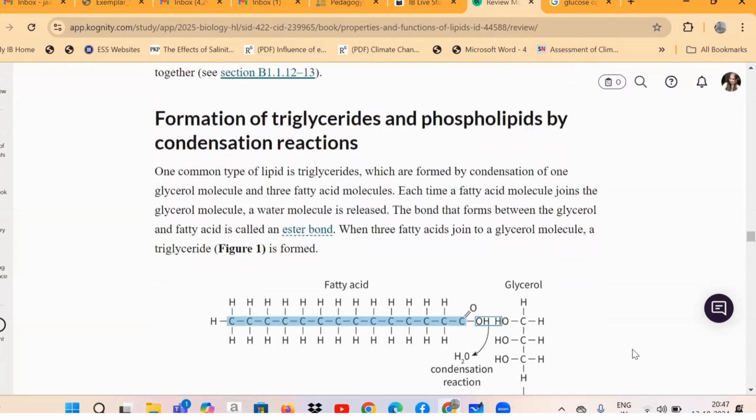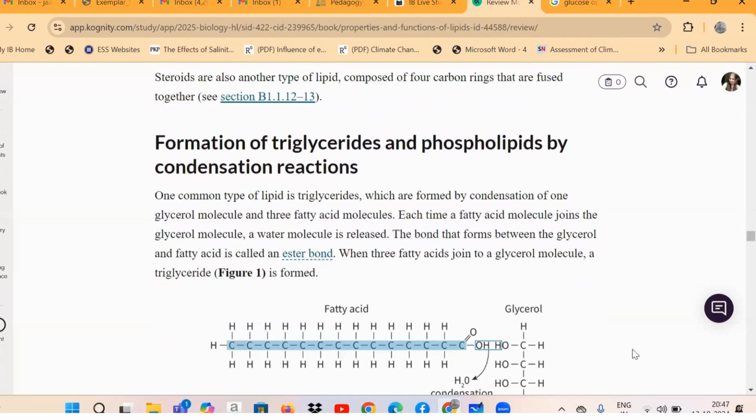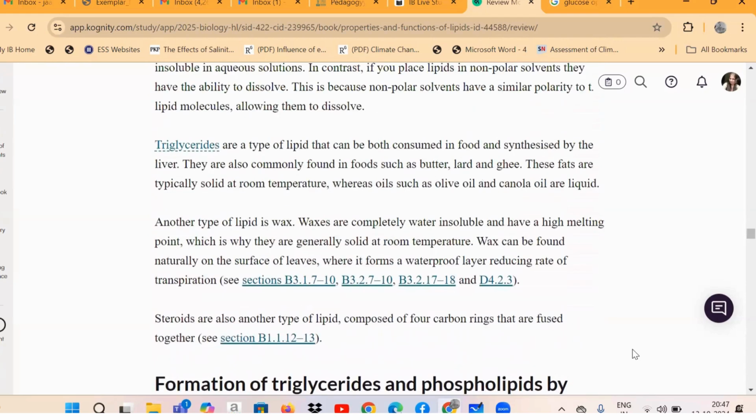I don't know. We never really talked about wax in school. Okay, so wax is another type of lipid. It is a solid, insoluble substance that has a high melting point, and at room temperature it's generally solid. Where is it? The waxy layer of a leaf, have you heard about it? Yeah, that's the outer wax coating.